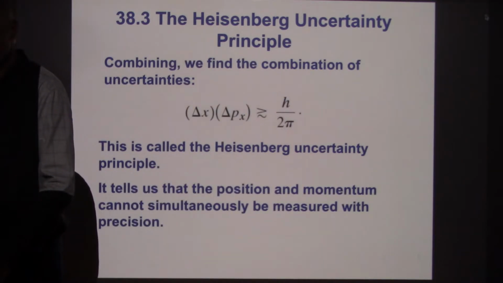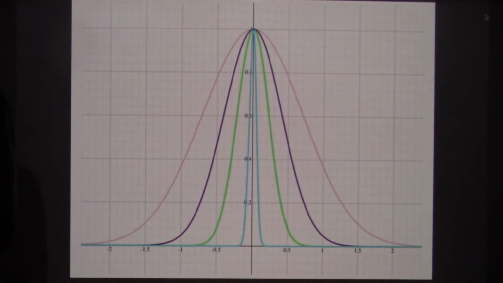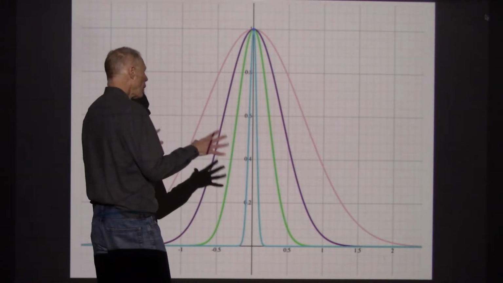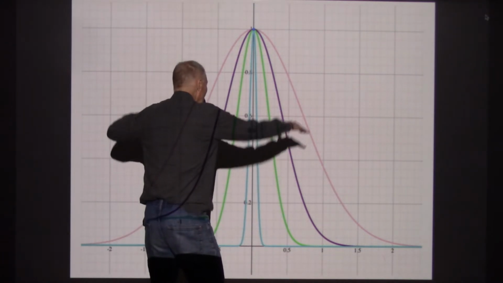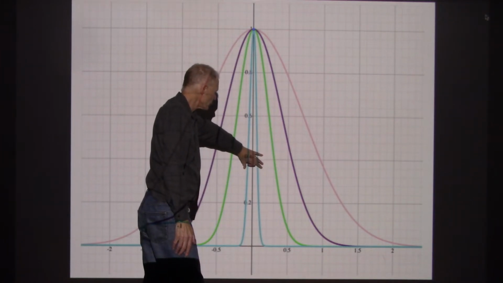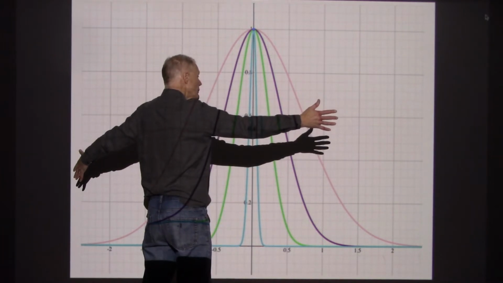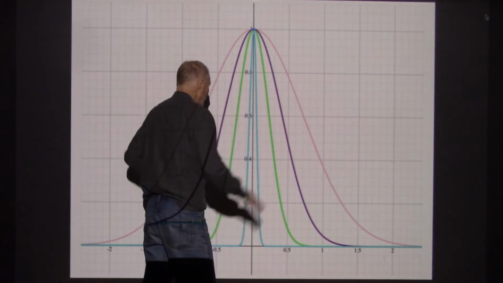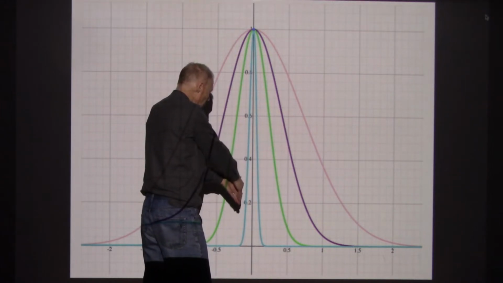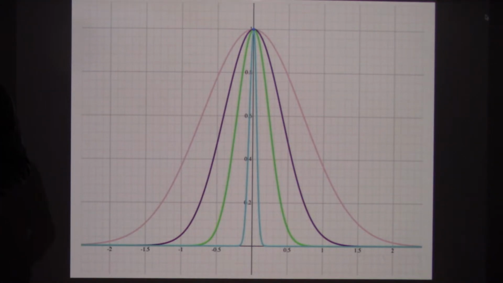And mathematically it looks like this, and we'll look at a couple of examples. These are some of the formulas that get used. If you've taken statistics, these are just normal distributions. It says that if I want to represent a particle as being in a very narrow region of space, maybe this blue distribution, I have to allow for a wide range of momentum. Or vice versa, if I want a particle with a very definite momentum, it's got to have a wide range of possible locations.